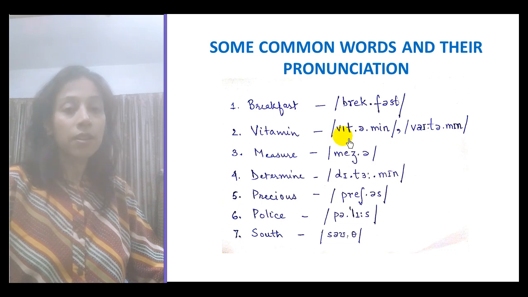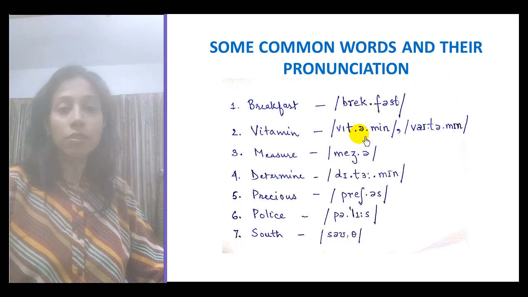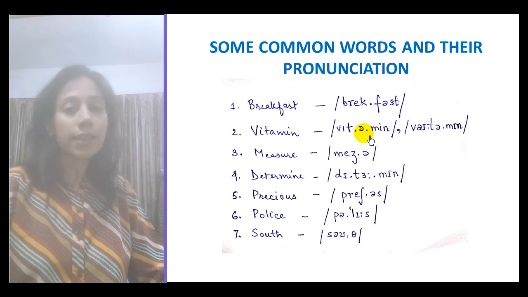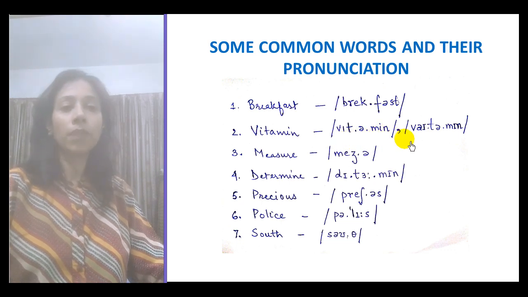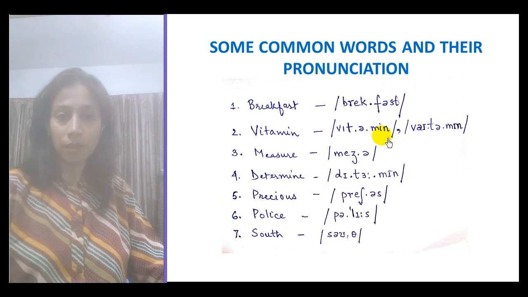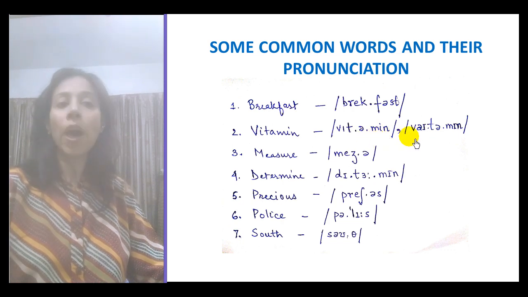It's v, e, t, vit, and then there's a schwa, t. So this t is going to get extended a little bit. So these three will form the last part of this sound, vitamin.